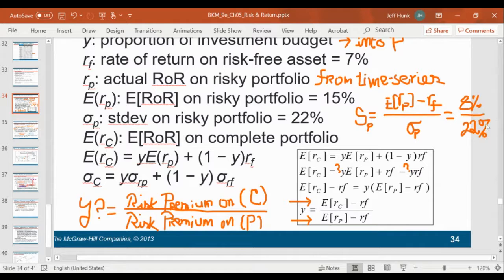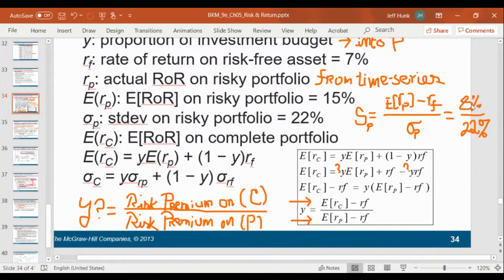But because the weight that is relevant to the standard deviation in the complete portfolio is totally the risky portfolio's standard deviation, the ratio will be the same, right?